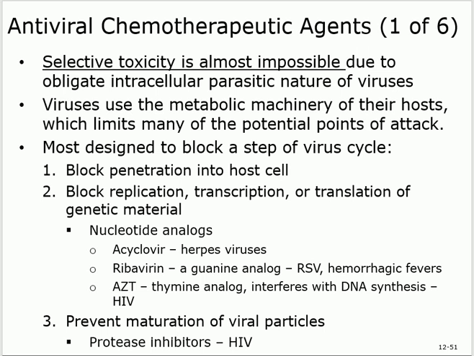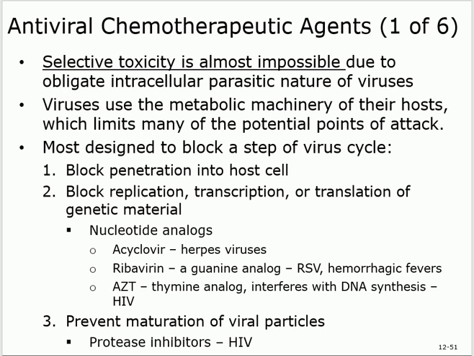The other thing is it can prevent the maturation, like protease inhibitors, for example. When the viral particles start to mature, do you remember when you replicate the DNA or RNA of the virus and then you put the capsid on it, which is protein?